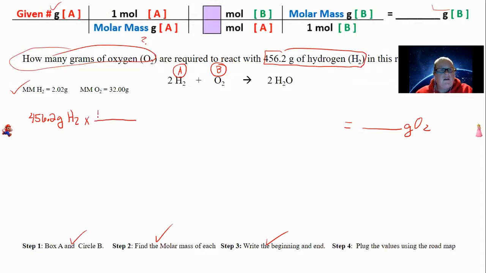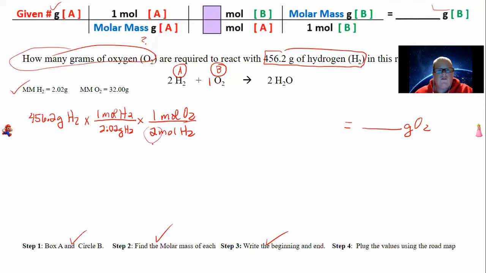times on the top 1 mole of A is H2, is 2.02 grams of H2. Then in the mole to mole ratio, we have 2 moles of H2 for every 1 mole of O2. Remember, this is implied to be a 1.